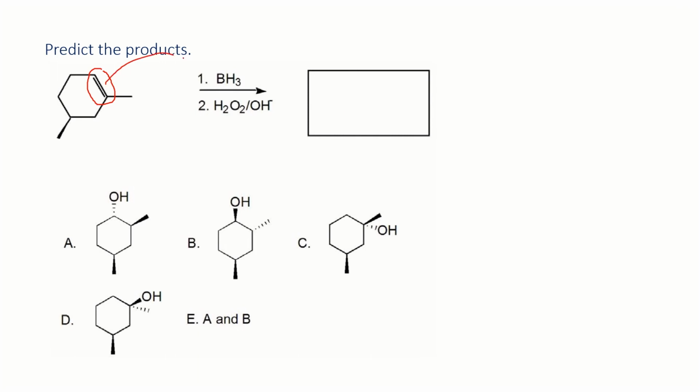So if we add here, the transition state should look like this, where the boron is here, the hydrogen is here on the more substituted carbon, and of course this shows the double bond breaking.